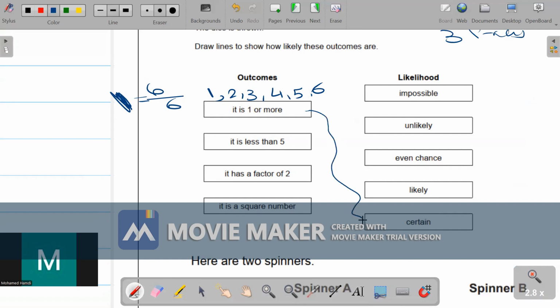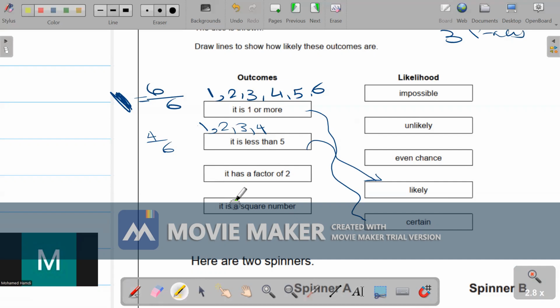A number less than 5, it means we have 4 faces: 1, 2, 3, 4. We have 4 faces, more than the half of the total number of faces. So if this is 4 out of 6, more than the half, we can say that the probability is likely or good chance.